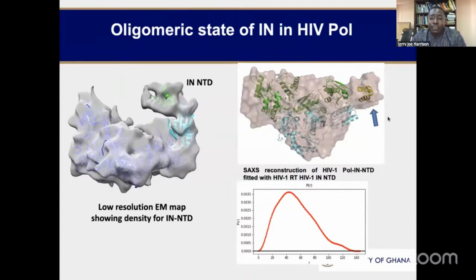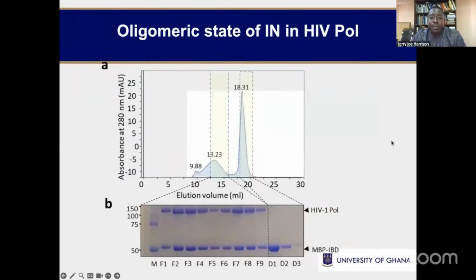And so the overall question is, how is the integrase looking? One thing that we also did was to see whether the integrase in the Pol is able to bind some of the binding partners that we know. The integrase binding domain, IBD, is something that we know binds integrase.